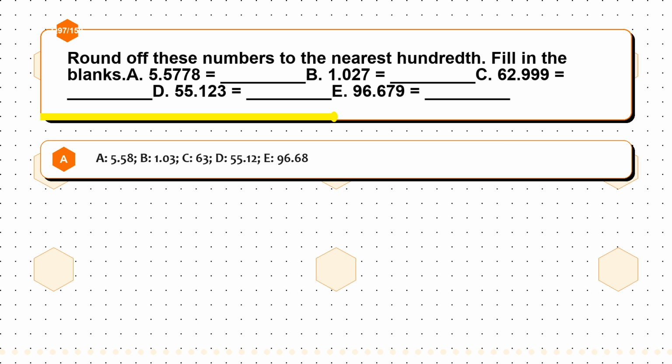E, 96.679 equals blank. Here are the options. Option A, 5.58. B, 1.03. C, 63. D, 55.12. E, 96.68.